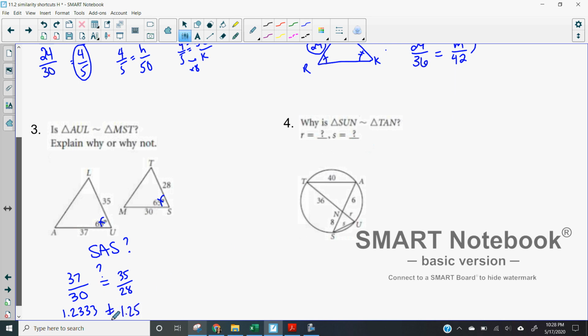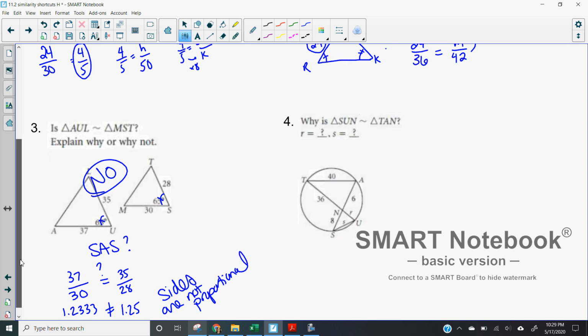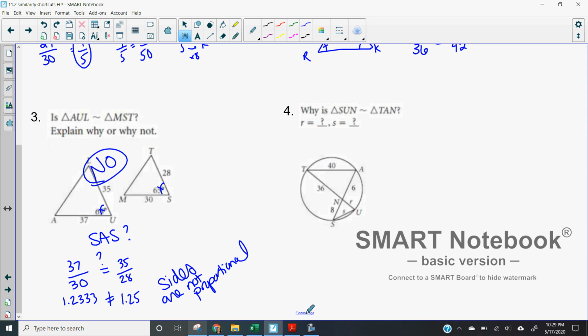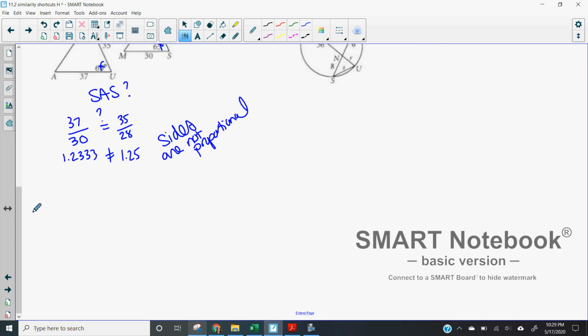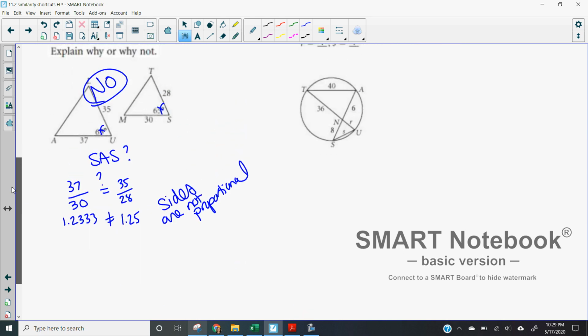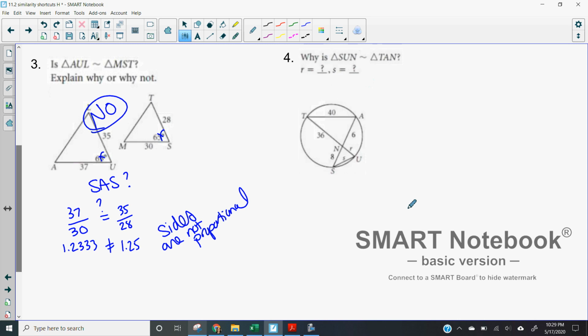Those are not equal. So our triangles are not similar, right? The sides are not proportional. So you can't just say they're side angle side, because you have to test whether they are proportional or not.